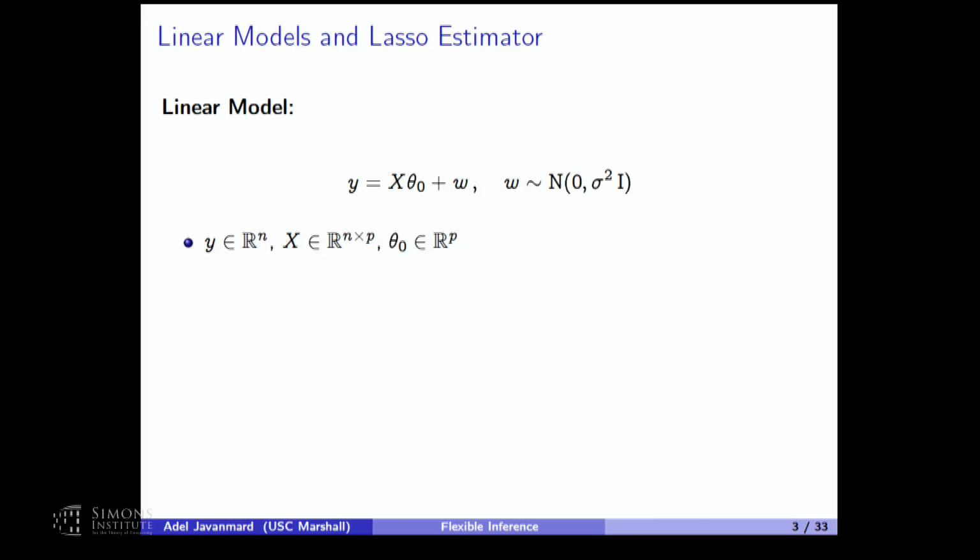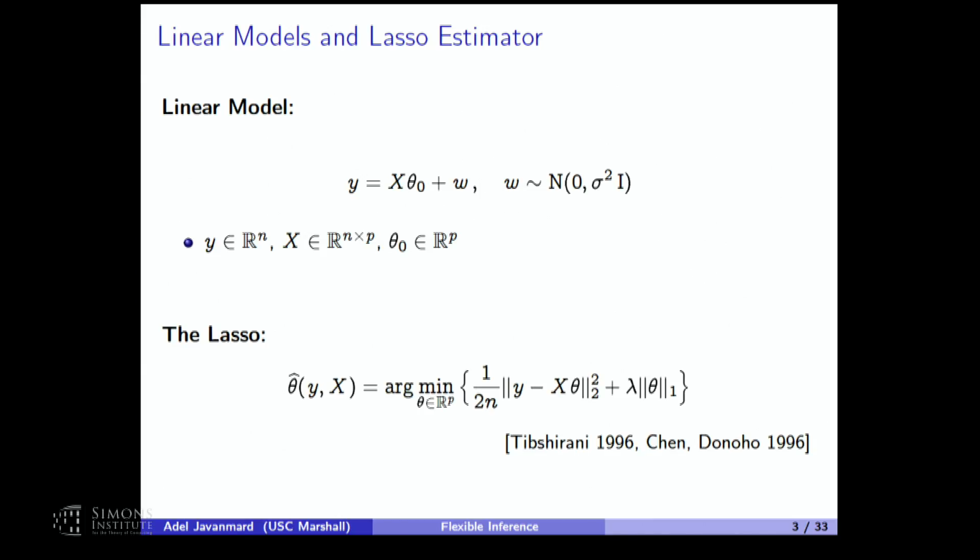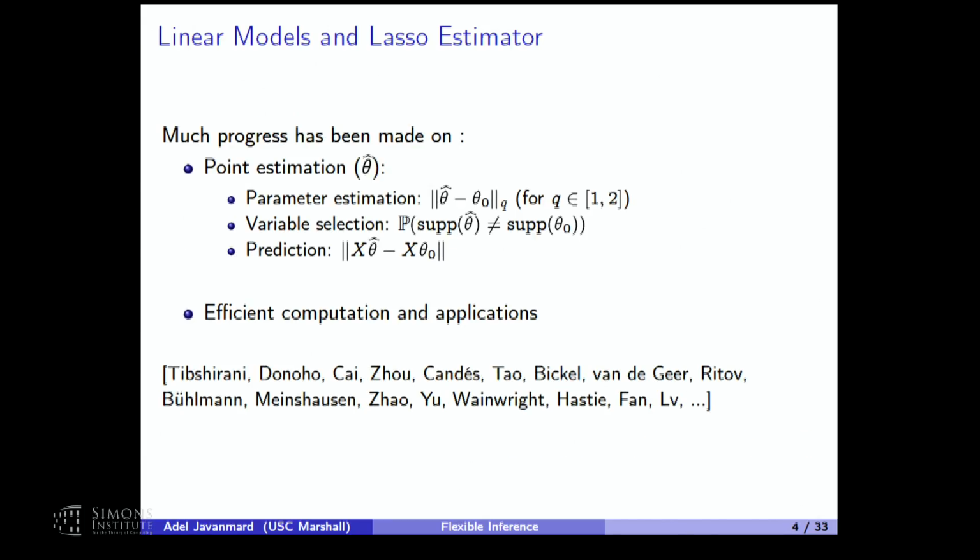I'm assuming w to be normal, but you can relax this assumption. One of the prominent approaches to estimate theta 0 in this case is the Lasso estimator that I think everyone knows. It tries to optimize this cost function that somehow promotes the sparse solution through this L1 penalization.